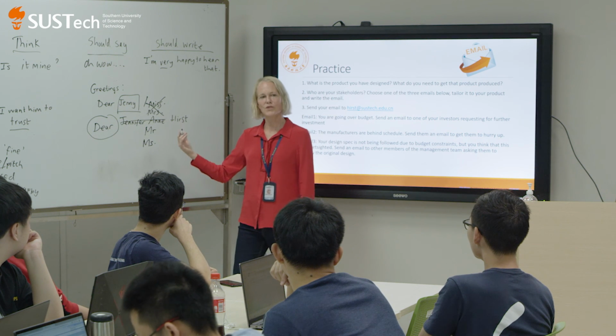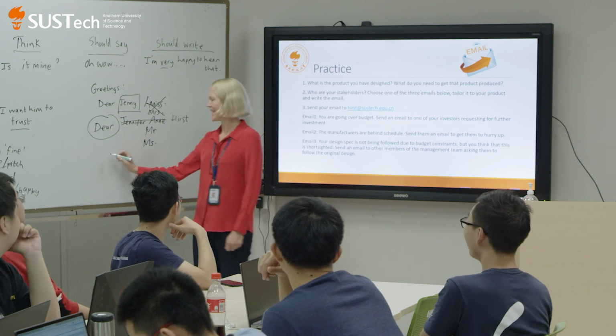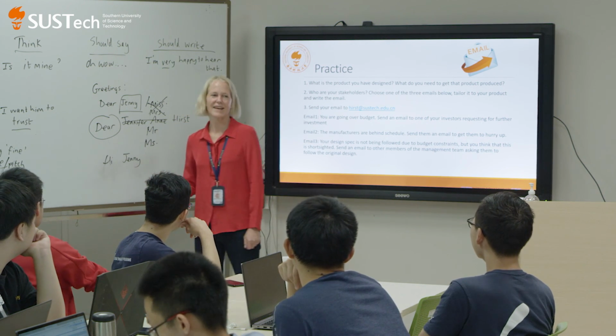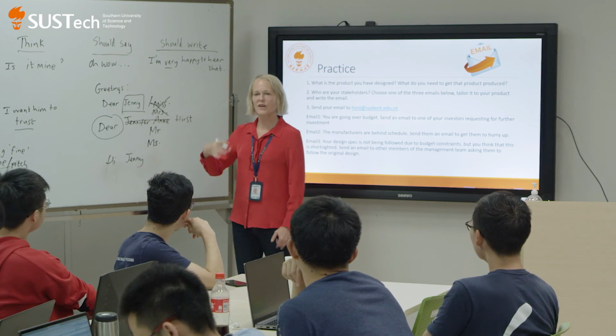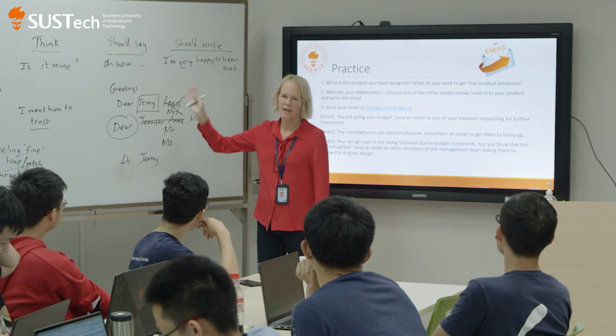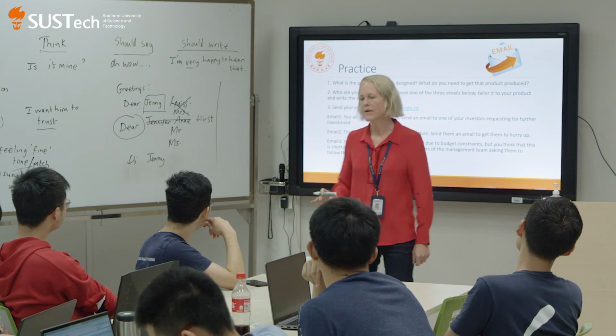So what could you say to me now? How could you address me? Hi. Yeah, hi. There we go. Perfect. So that's your greeting. More formal, less formal, pretty simple. Hi, hello. You do not need to complicate it any more than that.